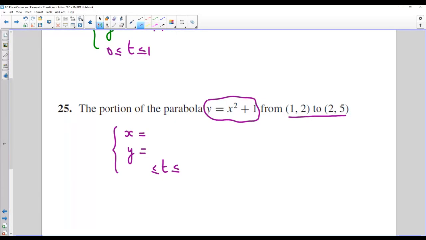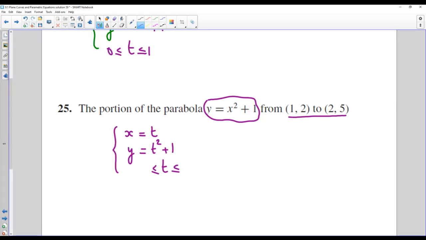Come on, girls, what will be the parametric equations? x equal t, and then y will be t squared plus 1, great, and t going from 1 to 2.